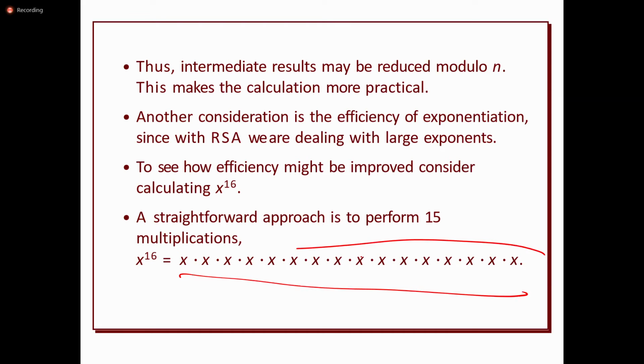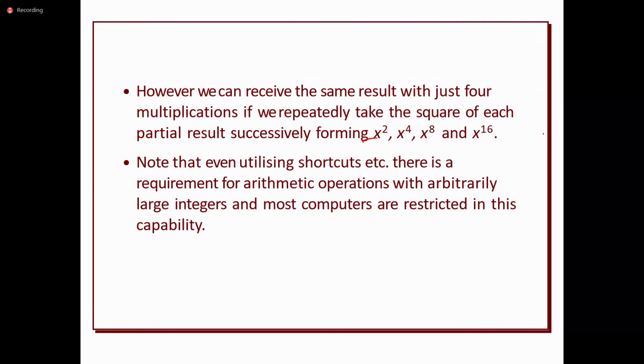In total it requires 15 multiplications to calculate x power 16, isn't it? So we can divide that into 2 raised to power 4, like x square, again square. So x power 2, x power 4, x power 8 and x power 16 can be calculated, but in some cases it is not possible. Okay, so that is one issue.